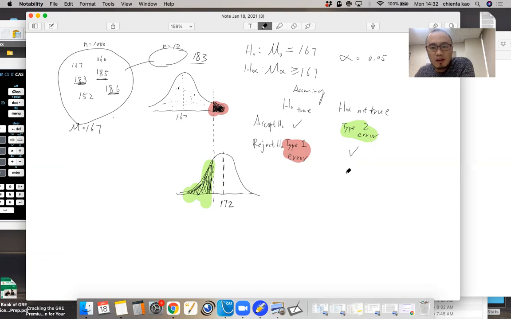So that's great. Now let's take a look at this green. It's called that when the null hypothesis is not true. Sorry, we need to cancel that. When the null hypothesis is not true, that means that this is wrong. So we will need to find evidence that this is true.